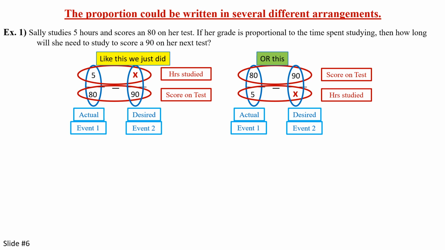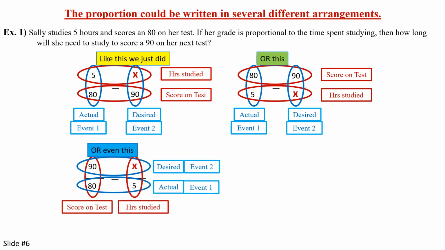I could have put score on top and hours on the bottom, which would then change the second fraction to 90 over X. Or maybe I switched it around and I put the scores as my first fraction. And then hours studied would be my second fraction.